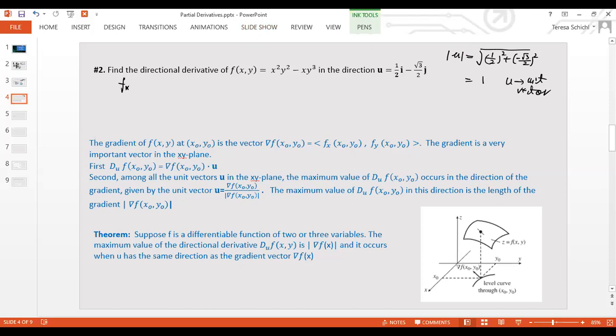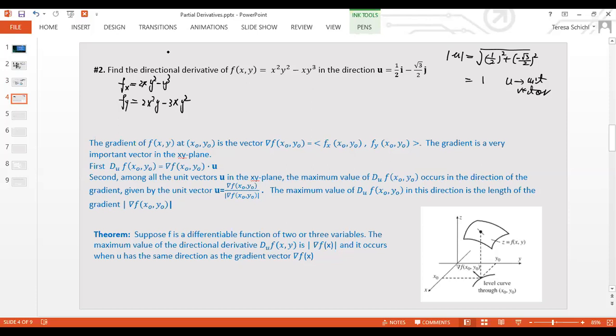So I say, okay, partial x here is what? It is 2xy squared minus y cubed. Partial y here will be 2x squared y minus 3xy squared, right? And then I plug in.